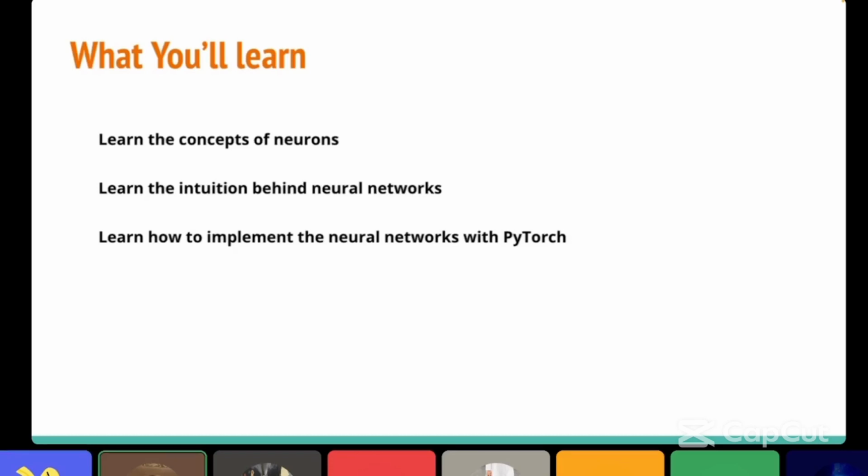You're going to learn a bit of the intuition behind neural networks, not too much, because neural networks have many different parts, so you're just going to learn the first part of the intuition. Using this intuition, we're going to implement this neural network with PyTorch. At first, I wanted to teach you how to implement it using just NumPy, but that would require a lot of mathematics, and I don't think we can cover the entire thing tonight. So that's why I'm going with this.